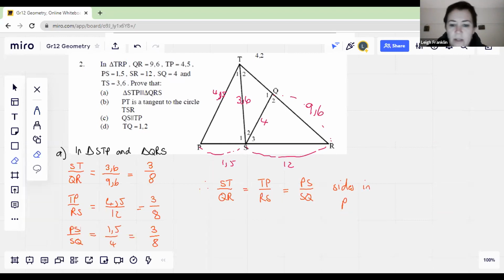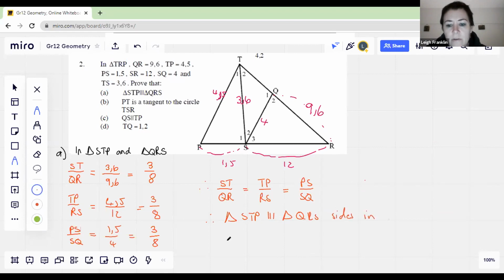That's not actually where I should write that. I want to write it next to my similarity. So therefore, triangle STP is similar to triangle QRS, sides in proportion. Can you see how we've just used that converse equiangular theorem in our first answer here?